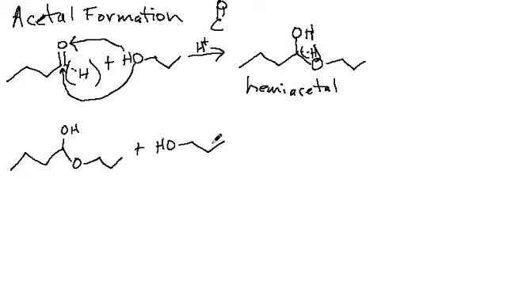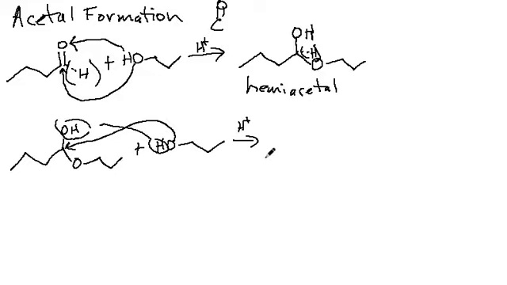So 1, 2, 3, 1-propanol, and our hemiacetal, and we will react with some acid in order to catalyze the reaction. And what will happen is this OH and this H are going to get together, and the O is going to connect right there.